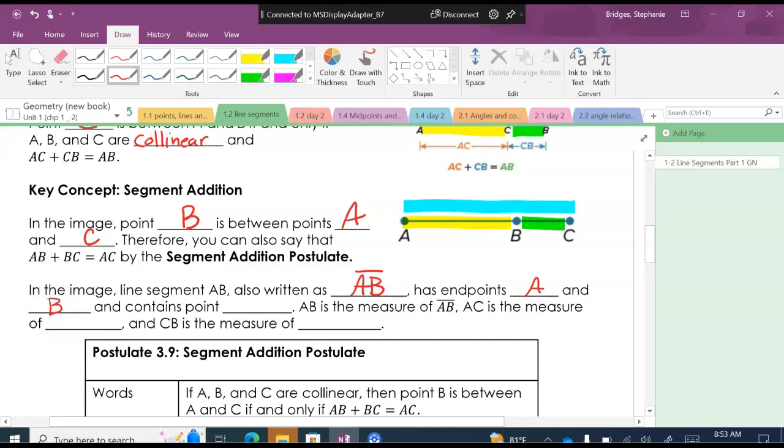And my stuff is not showing up yet, which means it's about to go out on me. So that first blank, you should write AB with a bar over it. Sorry, that's what I'm writing on my tablet. It's just not showing up here. And then the next blank, it has the endpoints A. That's the first blank. And then B in the second blank.